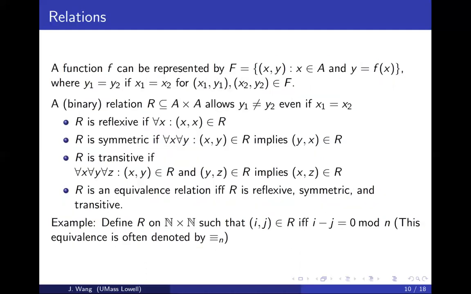Similarly, so this is a binary relation, and we can define an n-dimensional relation, or n-ary relation, which will simply be a subset of the Cartesian product of A, where there are n many A's.